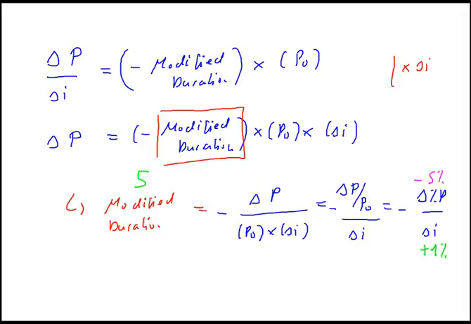Modified duration is a sensitivity measure that tells us how much the bond price will change in percentages due to a change in the level of interest rates. And for this reason, modified duration is unitless. It's a sensitivity measure similar to the beta of a stock, which is also a sensitivity measure telling us how much the stock return will change due to a change in market returns.